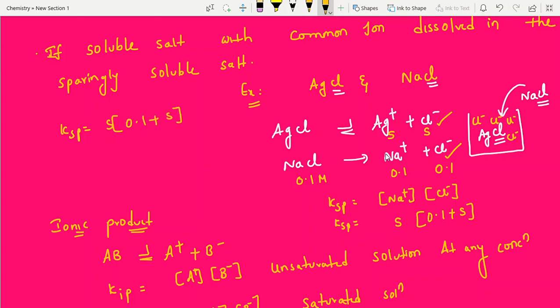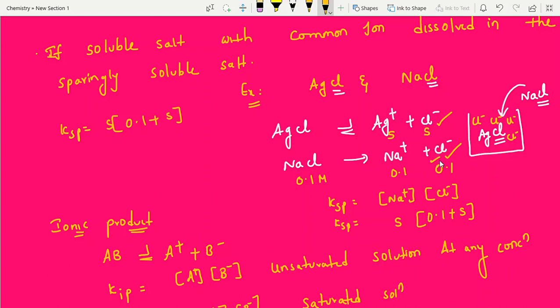But here, students, this is a very important point. Listen carefully. AgCl is partially soluble, so its Cl minus ion concentration is less. But NaCl can dissolve more in the solvent. It gives more Na plus ions and Cl minus ions. It is the dominating one now. So Cl minus ions come from both salts, but who is giving more?